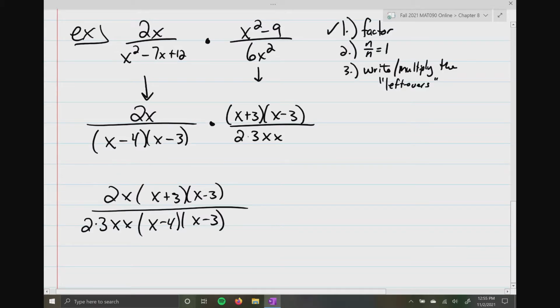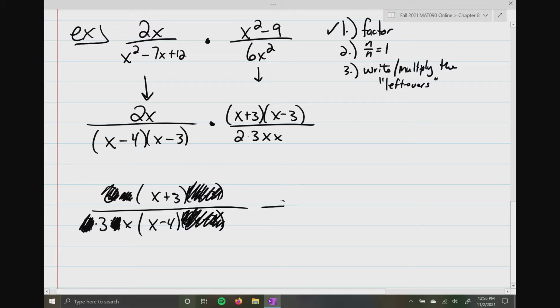Step 2, n over n equals 1. So I'll go from left to right. I see a 2 in the numerator, 2 in the denominator, so they reduce. I see 1x in the numerator and 1x in my denominator, so they're going to reduce. And on the very far end, I see x minus 3 in my numerator and x minus 3 in my denominator, so they reduce.